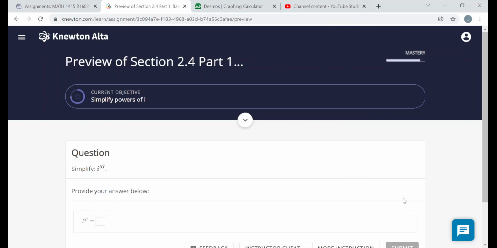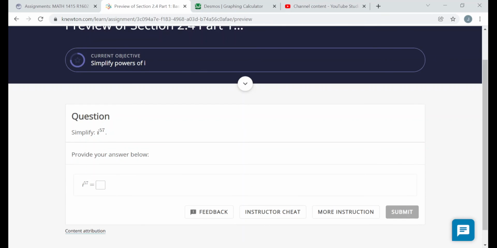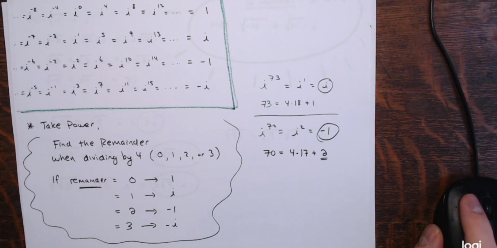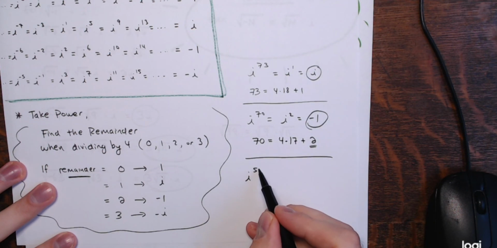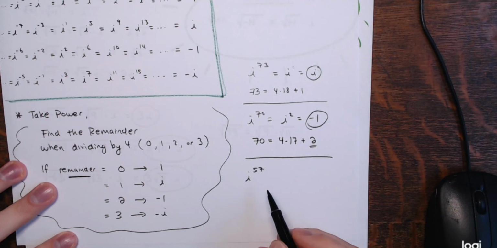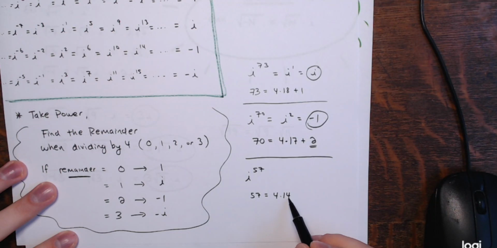All right, just one more of these. What's I to the 57th power? Now 57, when I divide by 4, 4 goes into 57 14 times. 4 times 14 is 56, actually, so I need one more, and that's the remainder.